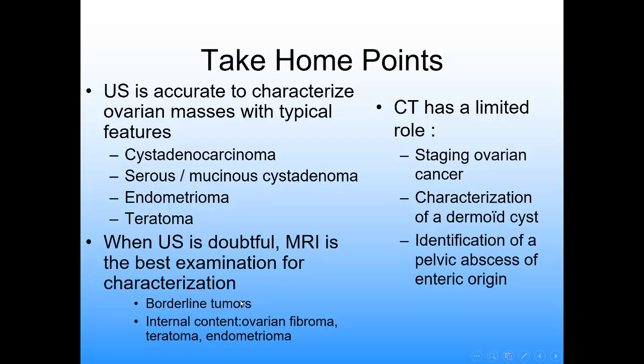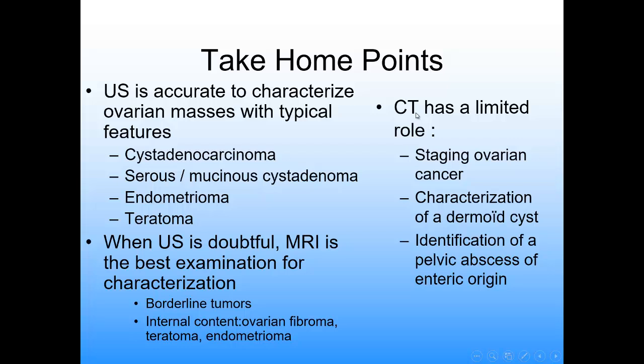For borderline ovarian tumors, it's very important because we use functional MRI for borderline ovarian tumors. If you want to characterize the internal contents, we have 3 lesions that are very, very accurate on MRI. Ovarian fibroma, teratoma, and endometrioma, we can diagnose accurately with MRI.